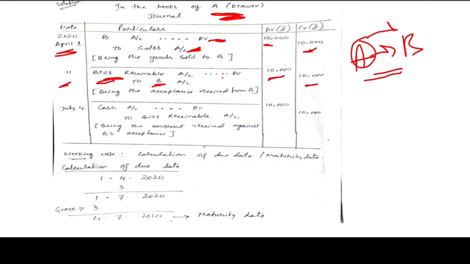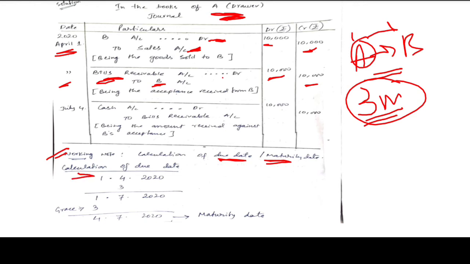As it said, the bill was drawn for 3 months, so B is paying A after 3 months. So we have to do one working note: you have to calculate the due date, or we say maturity date. How to calculate the maturity date? The bill was made on 1st April 2020, that is 1/4/2020, and the validity of the bill was 3 months. In the month column, we will add 3.